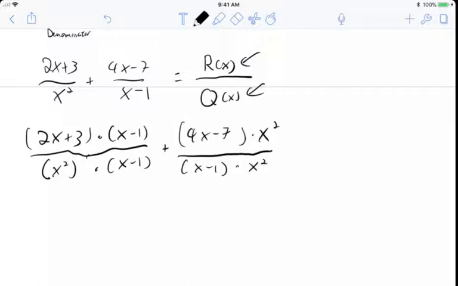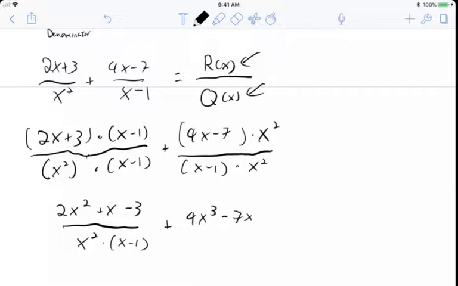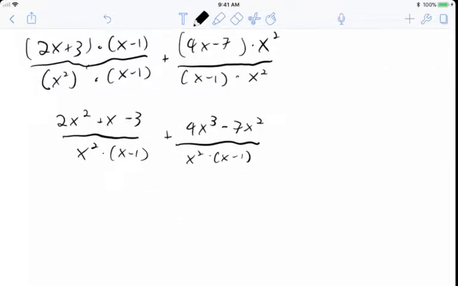Then I expand the top, and I get 2x squared plus x minus 3 over x squared times x minus 1. And this one becomes 4x cubed minus 7x squared. Now that their denominators match and they've been simplified, I can combine them all together.